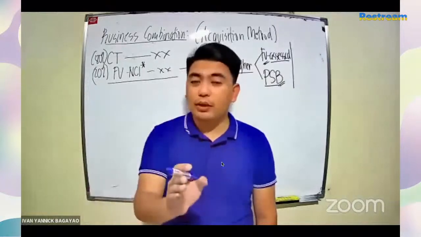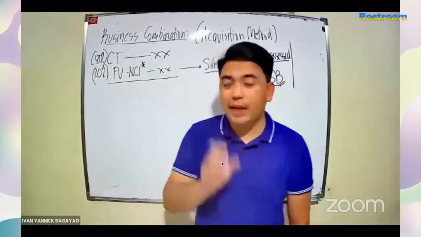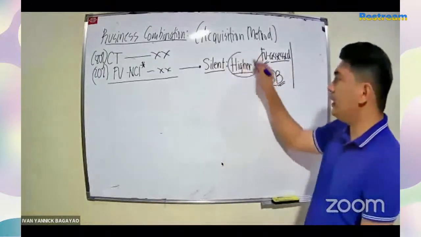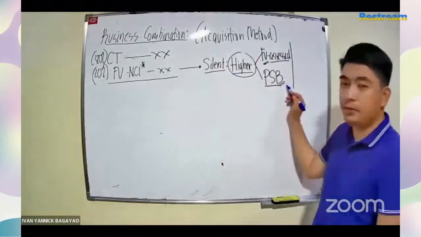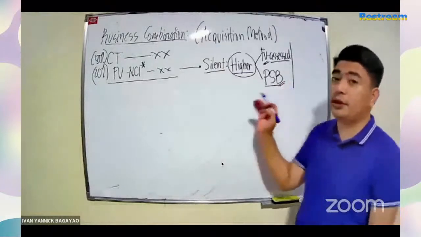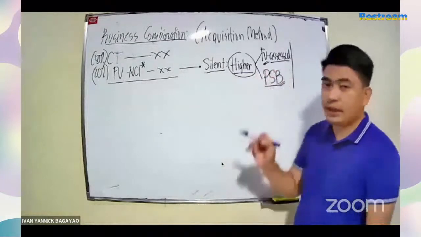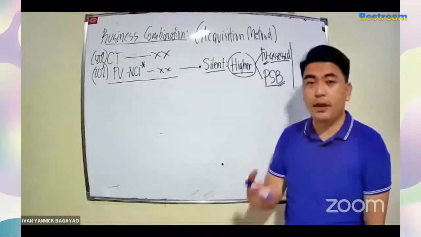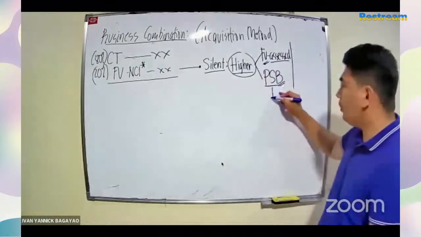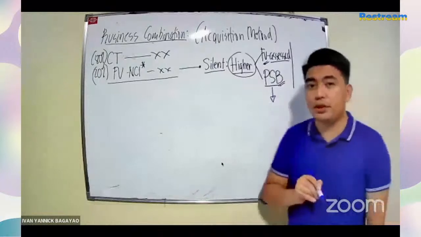Basta't ang minimum daw ay proportionate share basis. So kung silent class for problem-solving purposes, pipiliin natin yung higher. Basta't ang minimum mo ay PSP. For example, kung ang PSP proportionate share basis is 200,000, pero ang FV assessed is 180,000, so piliin natin 200,000 na minimum.